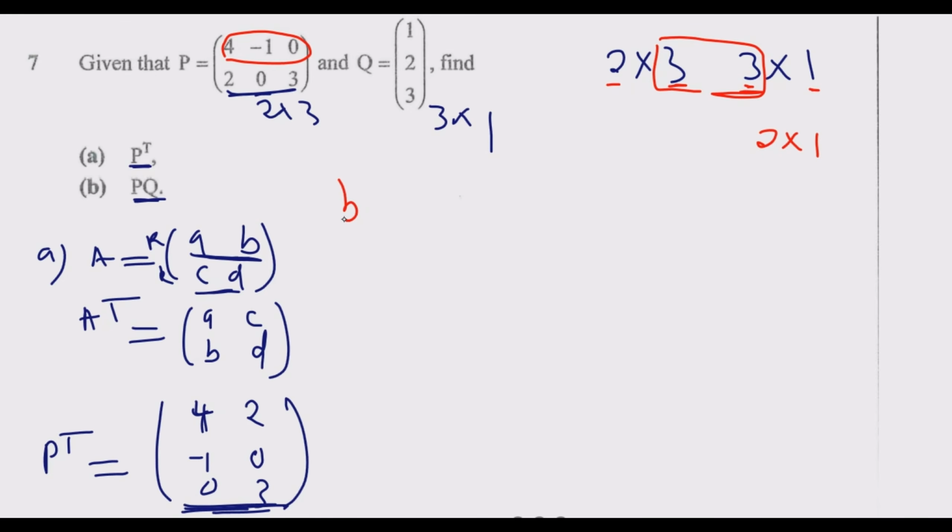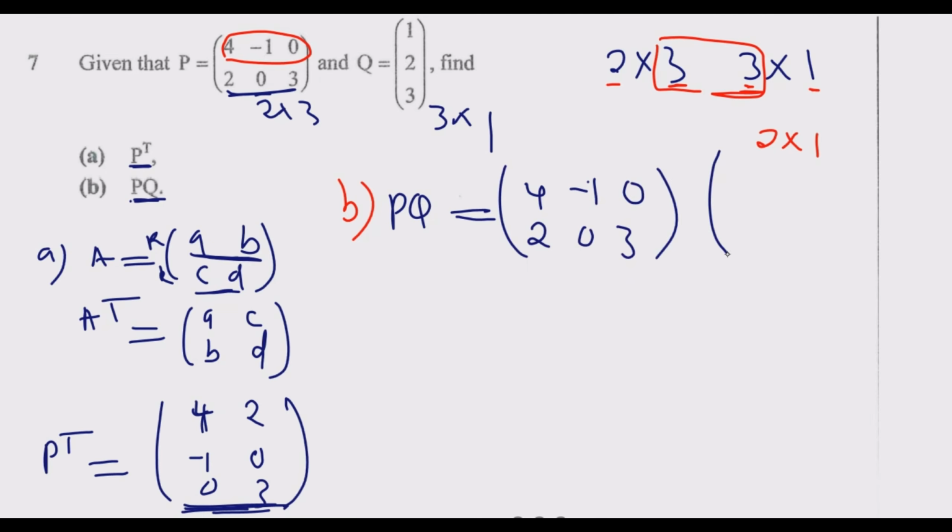So to answer B, we're just going to set up. We are starting with P because it's PQ. So P is 4, -1, 0, then we have 2, 0, 3, like this. Then Q is this matrix the way it is.